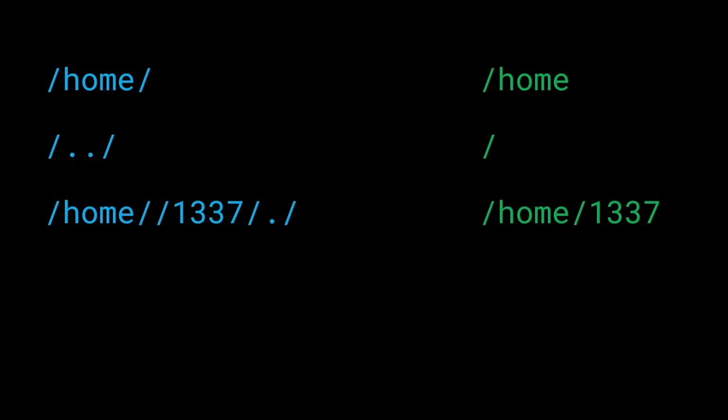Well, in our case, the implementation level detail is that if there are multiple consecutive slashes, all of them will be useless basically, and we only have to consider one slash. In other words, multiple slashes will get compressed to a single slash. So we have /home/1337. Note that the period at the end now means that we have to stay at the current directory. So we were at 1337 and we stayed at 1337.